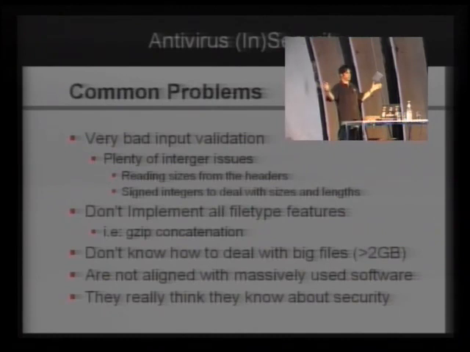You just make the two files one. That is actually aligned with the specification of gzip. So on some antiviruses, if you just concatenate two files, the first one is analyzed and the second one is not. So that completely bypasses the parsing and the detection engine.